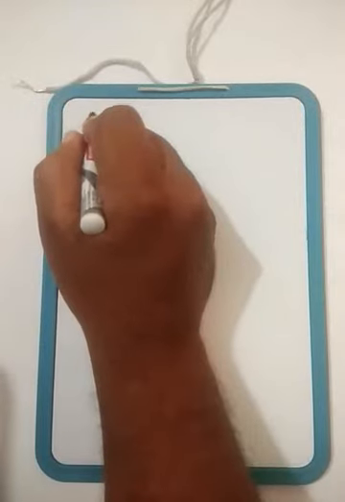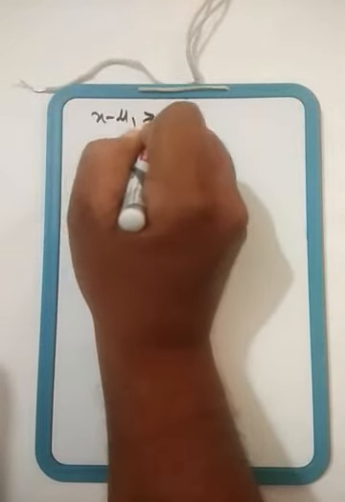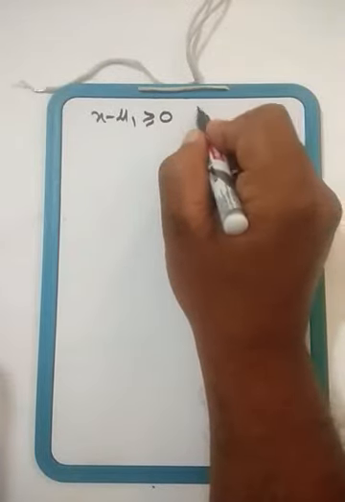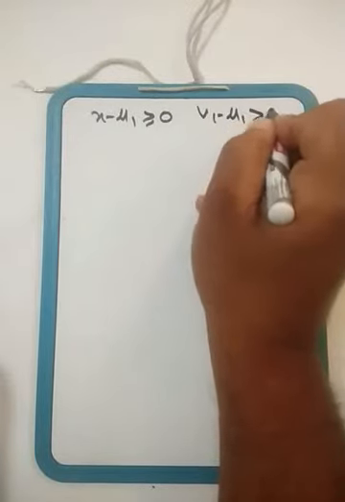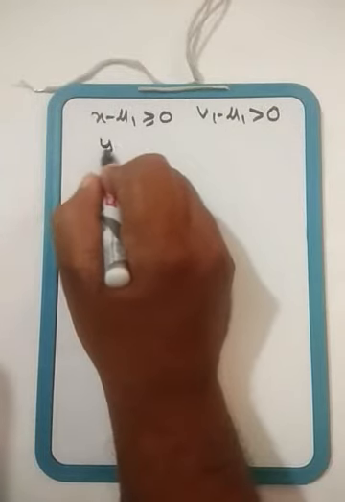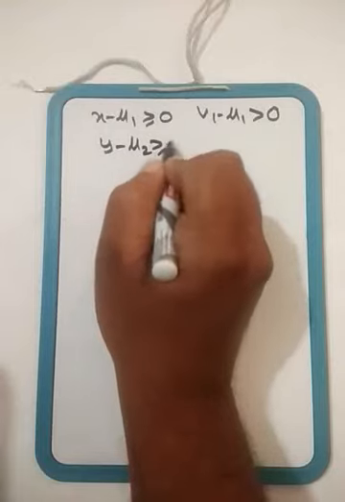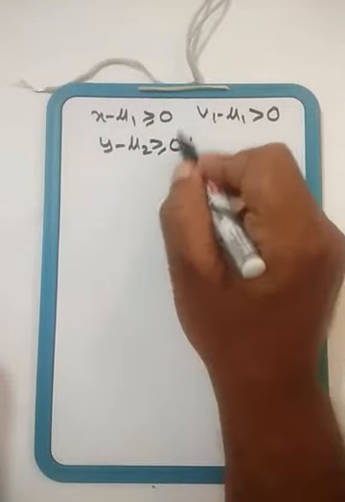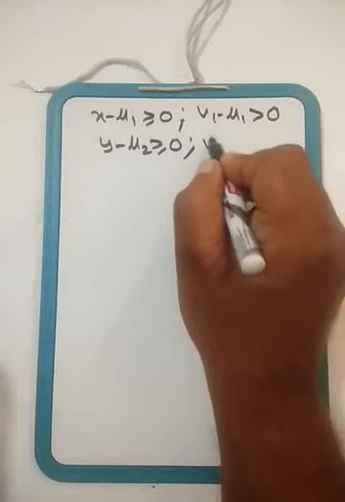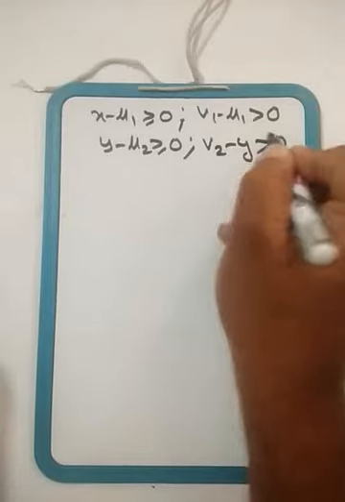So observe that x minus u1 is greater than or equal to 0, and v1 minus u1 is strictly greater than 0. Similarly, y minus u2 is greater than or equal to 0, but what do we have? v2 minus y is strictly greater than 0.